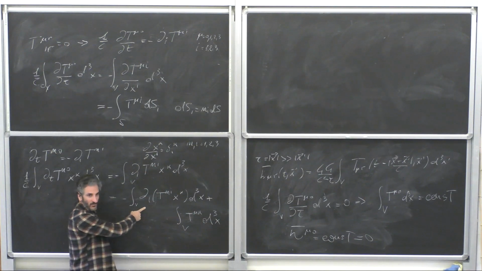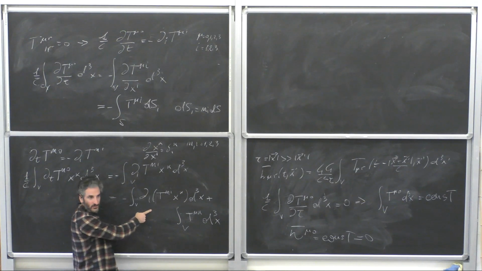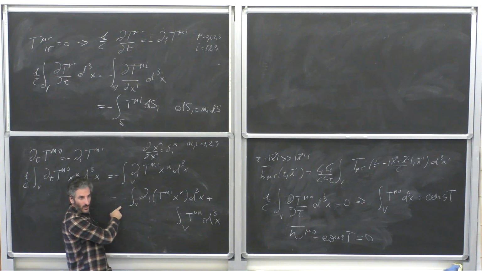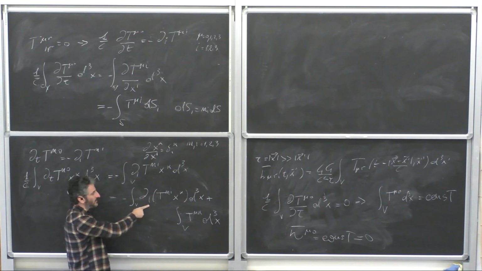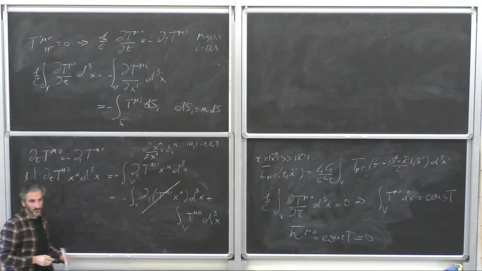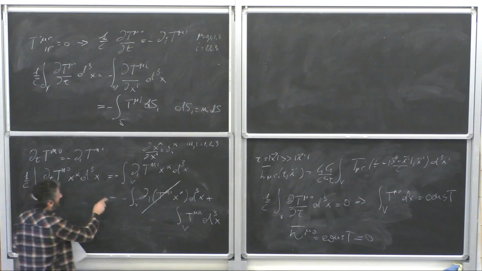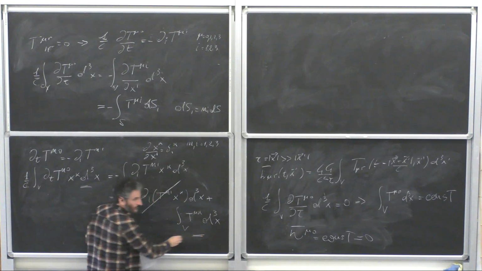We've already seen this, because this again is the divergence of a vector over i. So I can do the same trick as before. I'll write this as an integral over the surface. I'm assuming that T^{μν} goes to 0 fast enough on the surface, so this thing here will be 0. And so what I get is this equal to this.